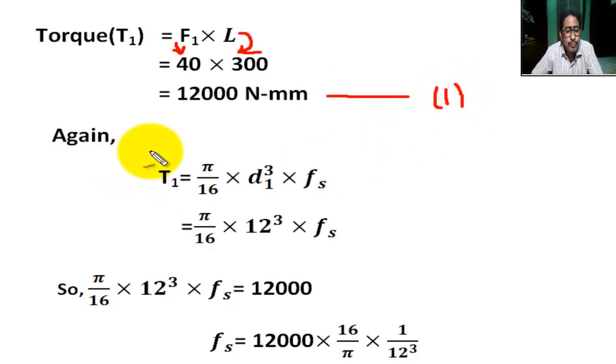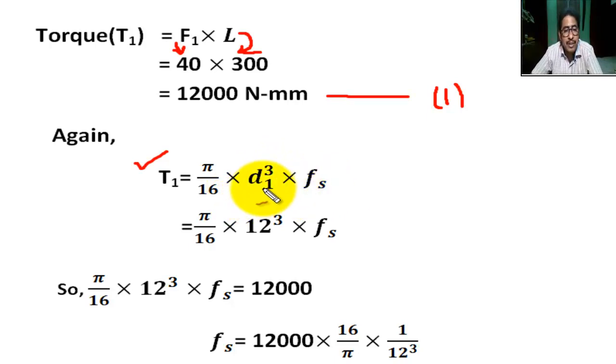Again, we know formula of torsion, that means torque transmitted by set screw diameter D1, torque transmitted by set screw T1 equal to pi by 16 into D1 cube into Fs.